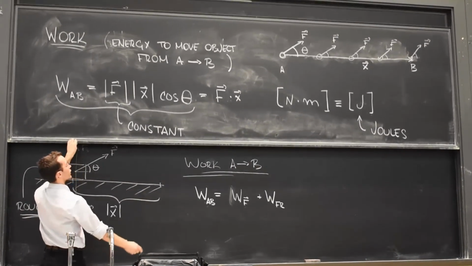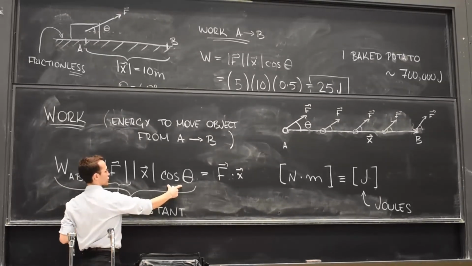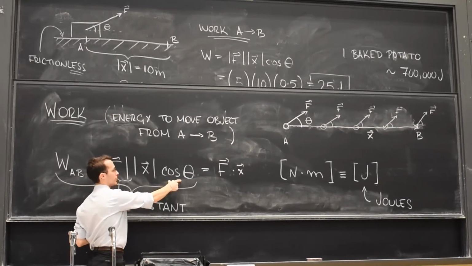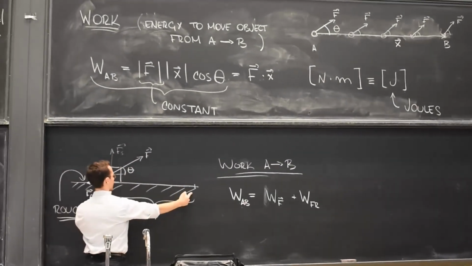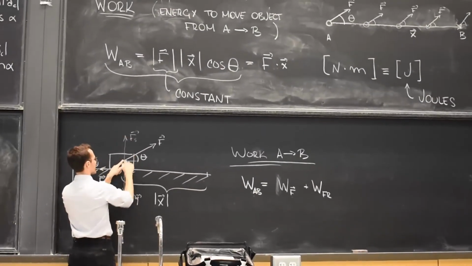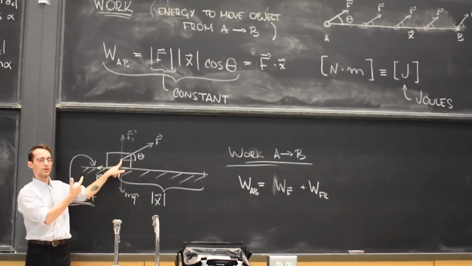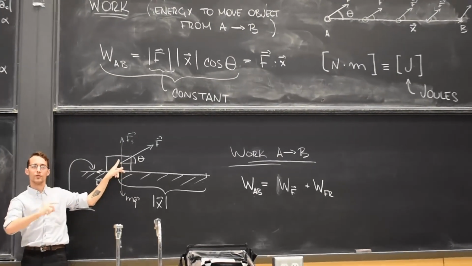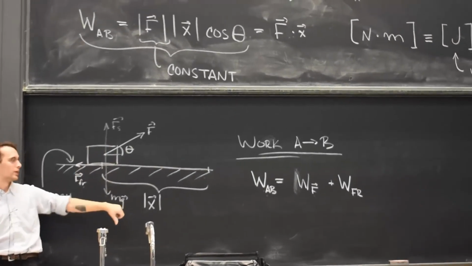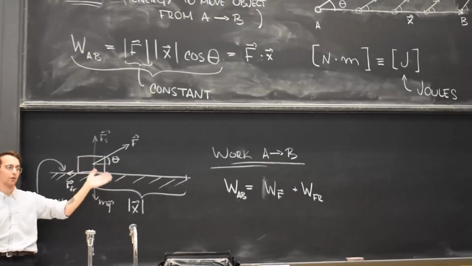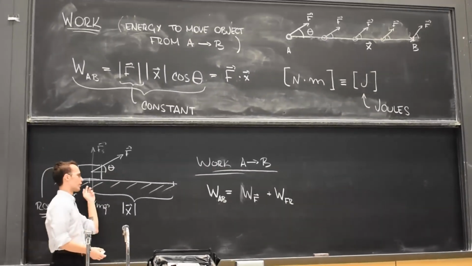The work is proportional to the cosine of the angle between them. The angle between this direction and this force is 90 degrees. Cosine of 90 is 0, so they don't contribute any work, right? They are perpendicular to the distance gone, so they don't contribute any work to going from A to B.